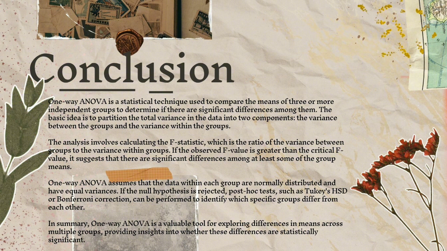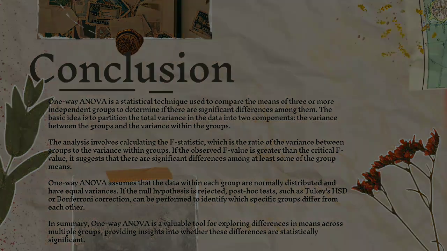In summary, one-way ANOVA is a valuable tool for exploring differences in means across multiple groups, providing insight into whether these differences are statistically significant.